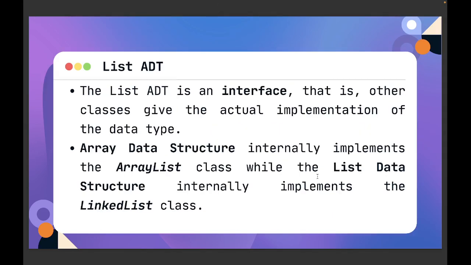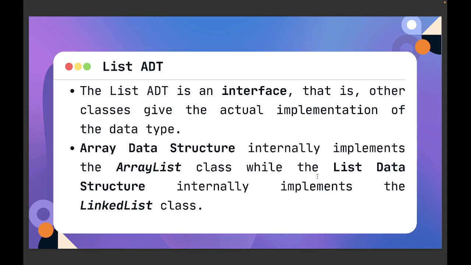Okay? So take note that the list ADT is an interface. If you still remember yung object-oriented programming na principle natin, meron tayong polymorphism, meron tayong mga inheritance, meron tayong encapsulation, so include na yung interface dito. And that is other classes give the actual implementation of the data type.